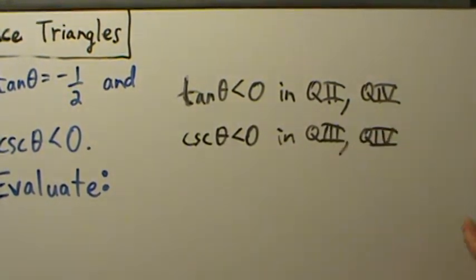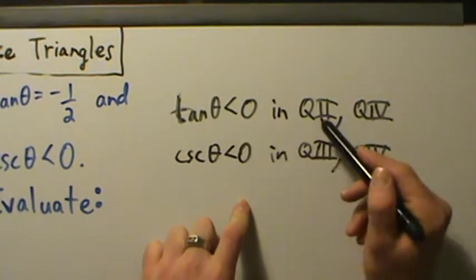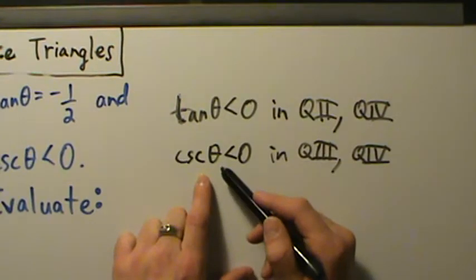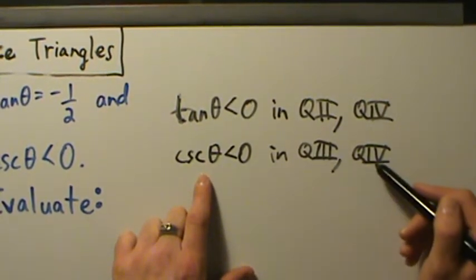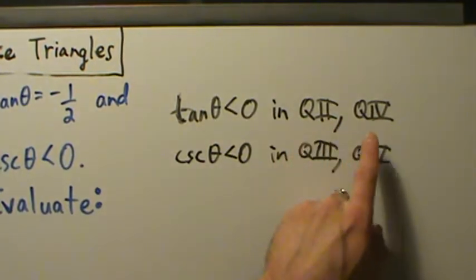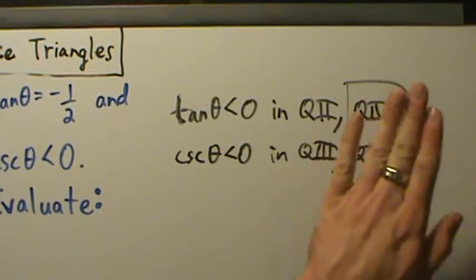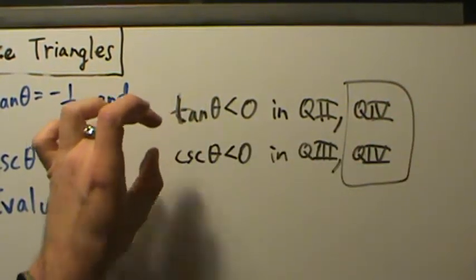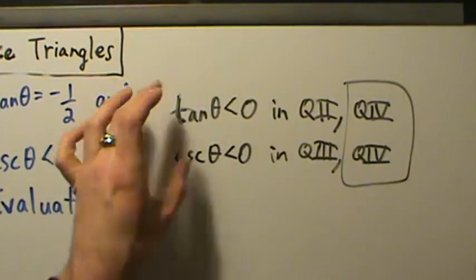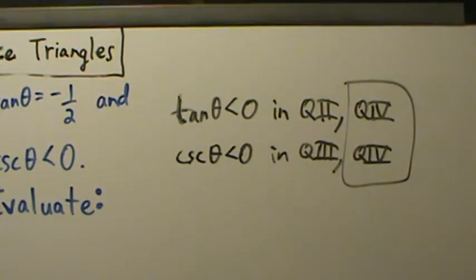So basically, tangent of theta is negative, so we're in quadrant 2 or quadrant 4. Cosecant of theta is negative, so we're in quadrant 3 or quadrant 4. Well, both of these have to be true together, so here's the common quadrant. We have to be in quadrant 4, because both of these have to be true at the same time, and that only happens in quadrant 4. Okay? So basically what we just found out was that theta is in quadrant 4.